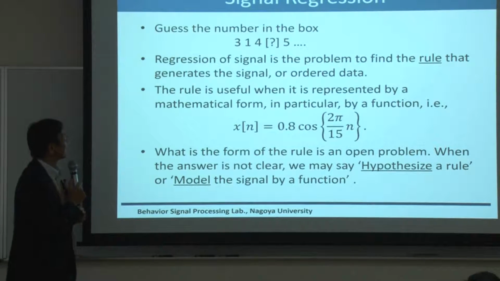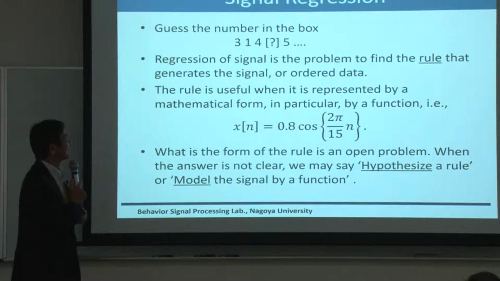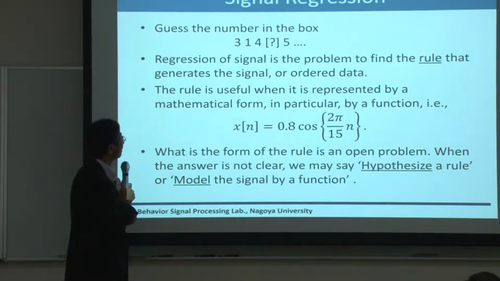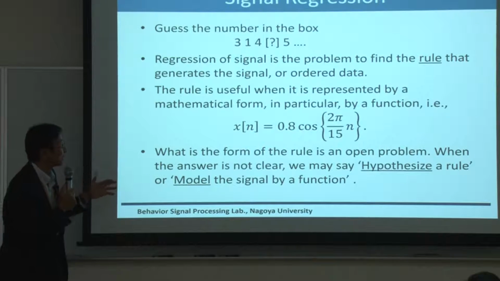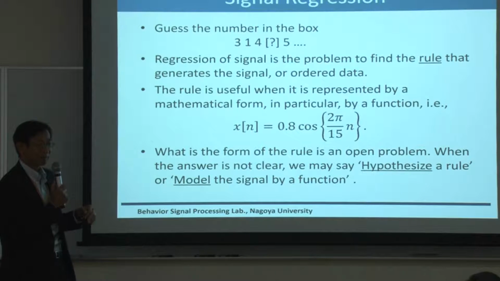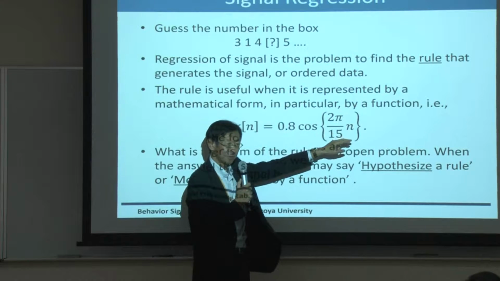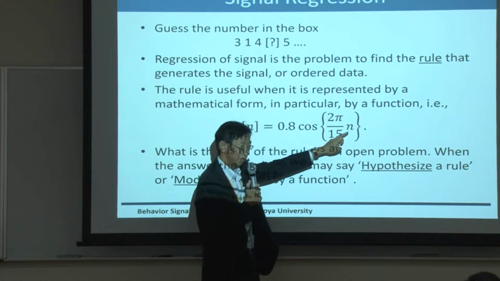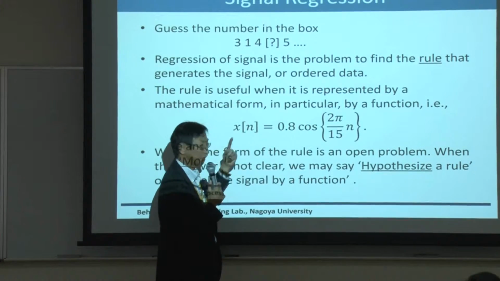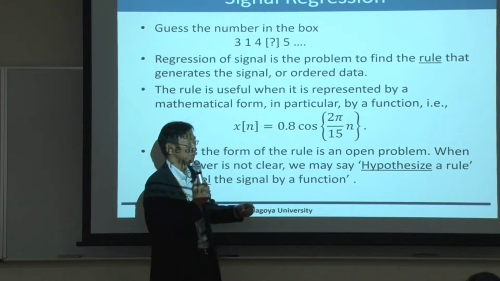So signal regression is something like that. Regression of signal is a problem of finding the rule, okay, that generates the signal, or ordered data, in other words. The rule is useful when it is represented by a mathematical form, like pi, in particular by a function, okay? So if x_n is given by a function of n, then you can further generate data until it becomes a very, very large number.